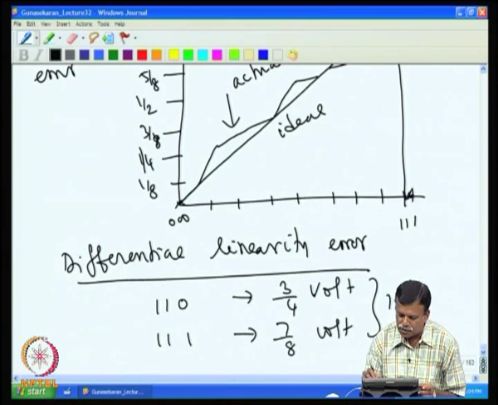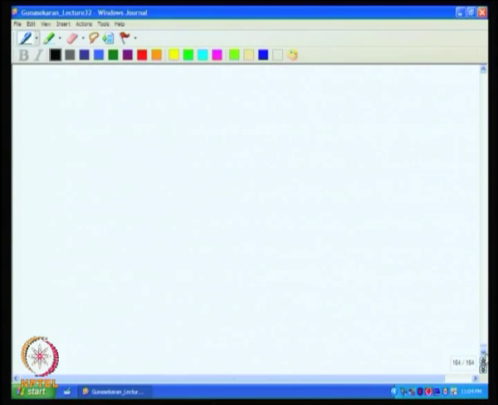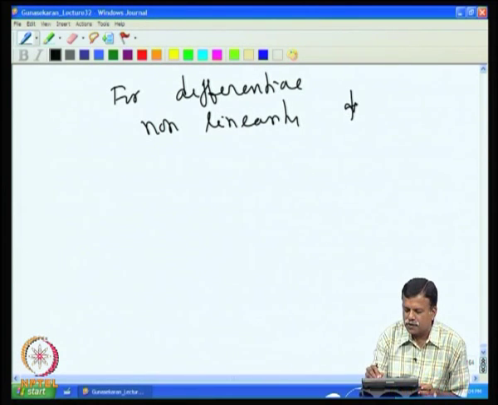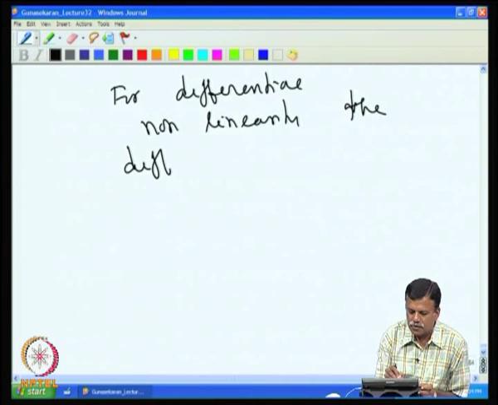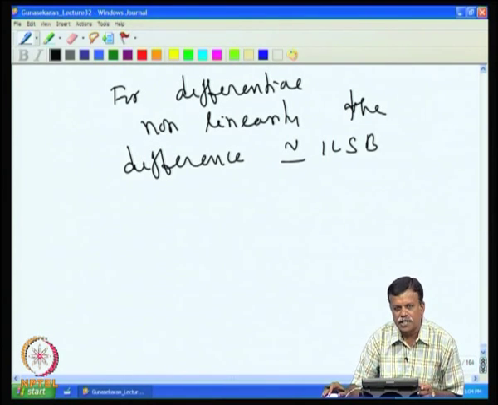The difference is 1 LSB, but the difference need not be 1 LSB. In the ideal case, it would be, but for differential nonlinearity the difference will not be equal to 1 LSB. This is actually the differential linearity error.